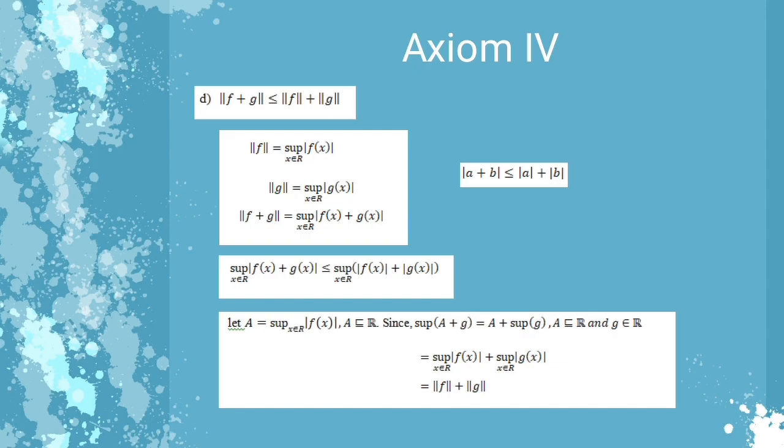And then we know that before we defined the norm of f as the supremum of the absolute value of f(x), and the norm of g as the supremum of the absolute value of g(x). And we can say that the last axiom is satisfied.